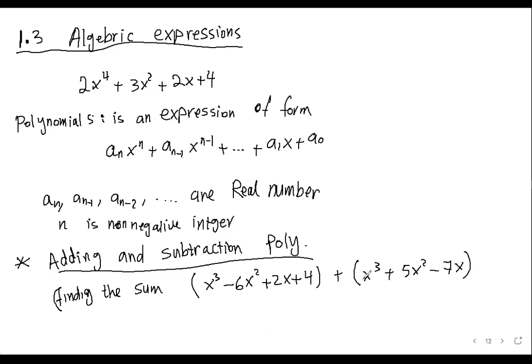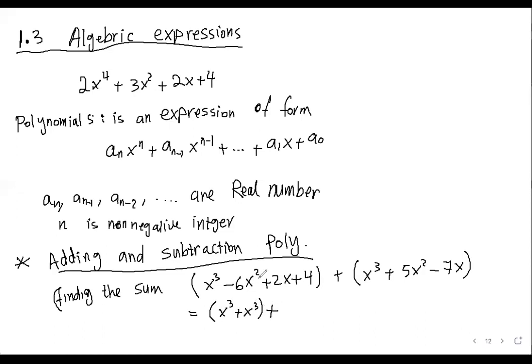So for a question like this, we try to group the terms that have the same exponent together. This is the idea. I have here x to the power 3, and another x to the power 3: x to the power 3 plus x to the power 3.